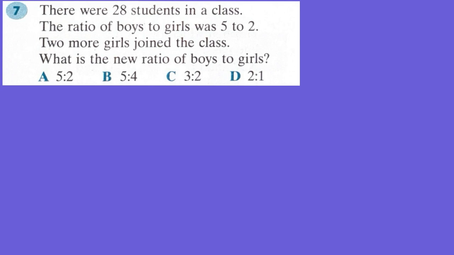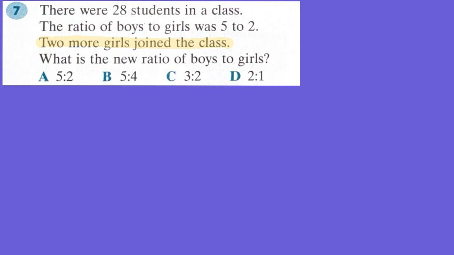Now this question would not be a problem if it wasn't for the fact that they added that 2 more girls joined the class. Please don't add that to the girls section so it becomes 5:4, okay?